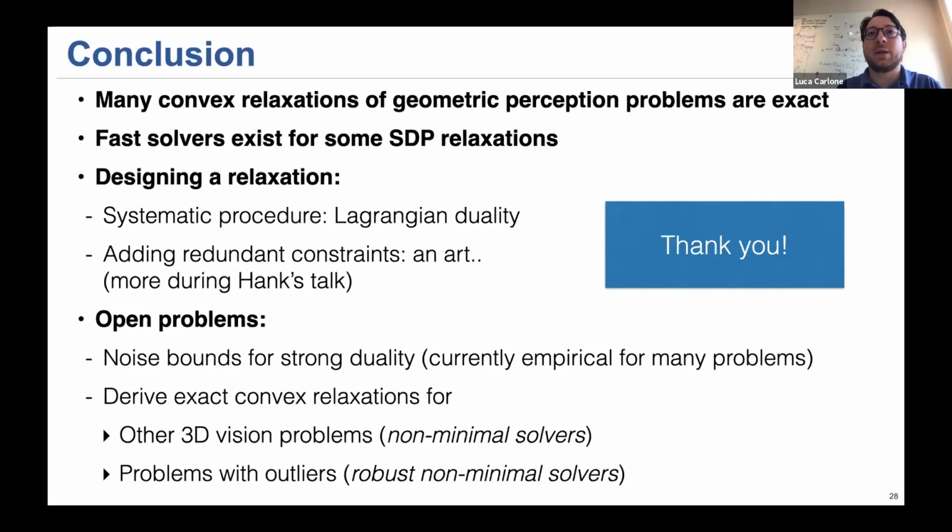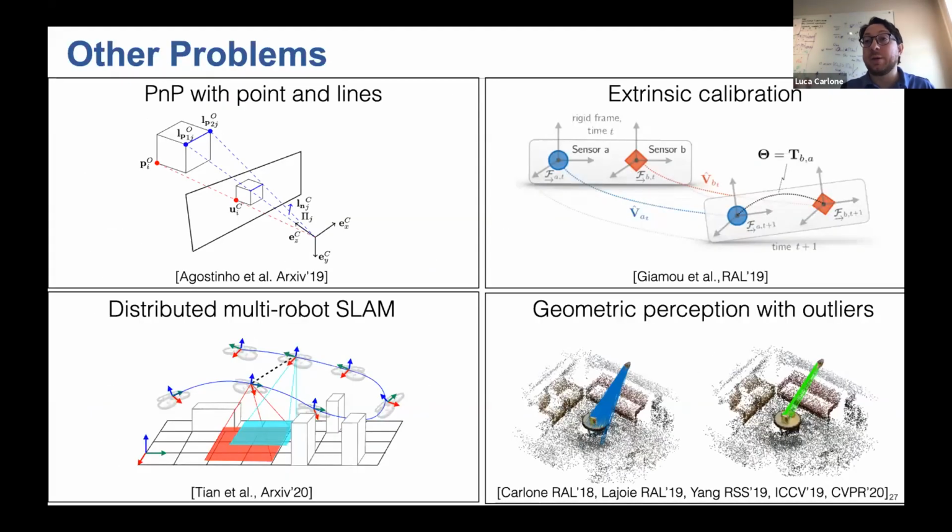So that's another question. Can you give some examples of other open 3D vision problems? I mentioned one area for which you will learn much more in the last presentation, but the truth is that while this work I'm presenting here, SE-Sync and all these relaxations, have been the first to show the power of this relaxation for robot perception, the presentation I just gave and all the relaxations that I've been showing in the previous slide here are without outliers, right?